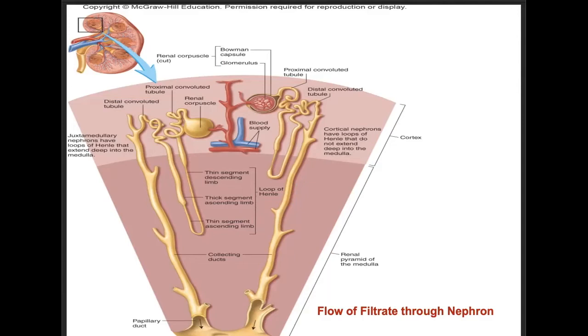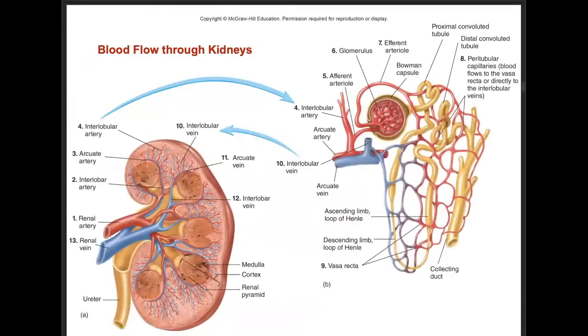Next is your distal convoluted tubule, after which it will go to your collecting duct, to your calyces or calyx, and then down to your renal pelvis, then to your ureter, then from the ureter to your urinary bladder, and then to your urethra. Okay, I hope this one is clear.